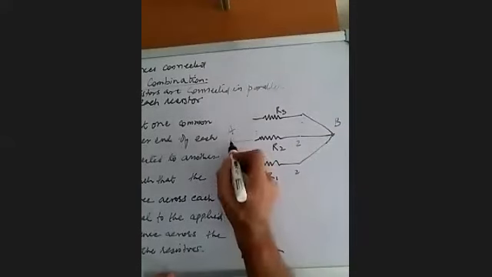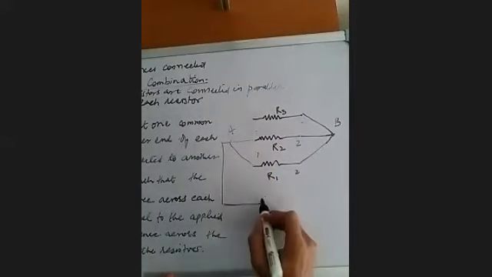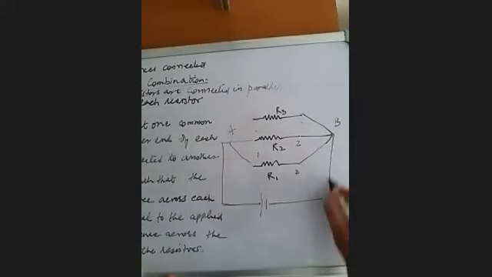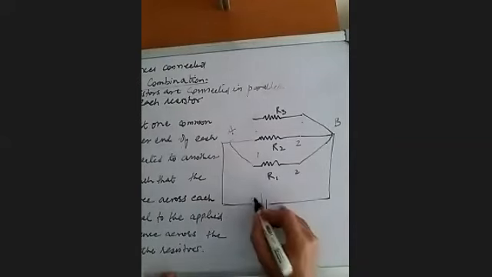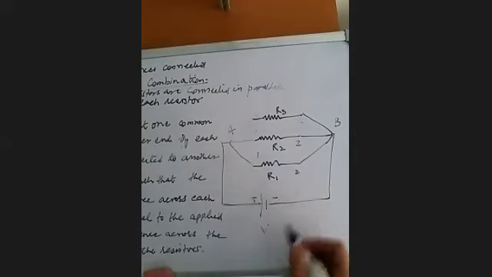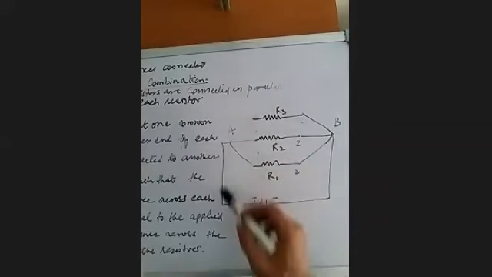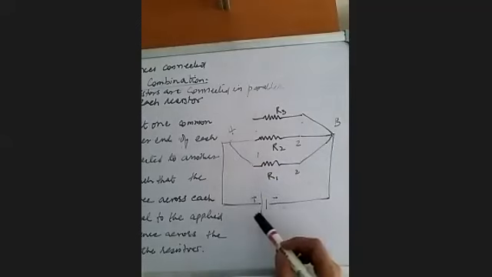And the potential difference applied across the combination is say V. Okay, so this is a cell, high potential, low potential, and across these two points the common potential difference is applied.